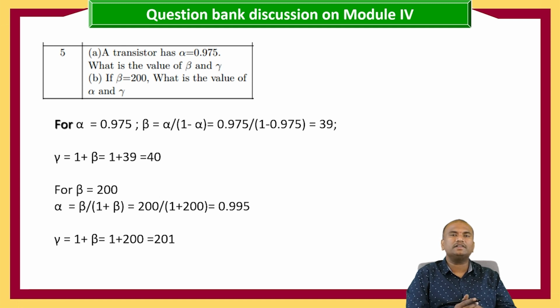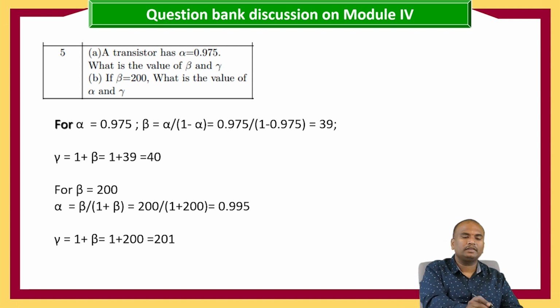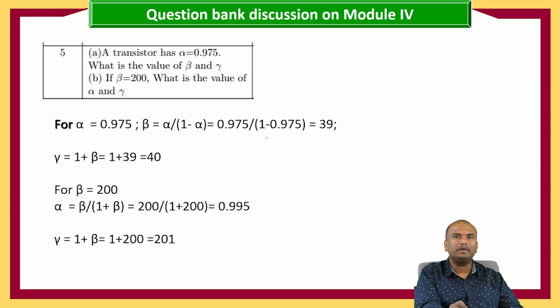Here the alpha value is nothing but the ratio of IC by IE. So the alpha value is given as 0.975. Now for calculating beta, beta is equal to alpha by 1 minus alpha, which is equal to 0.975 by 1 minus 0.975, which is equal to 39.